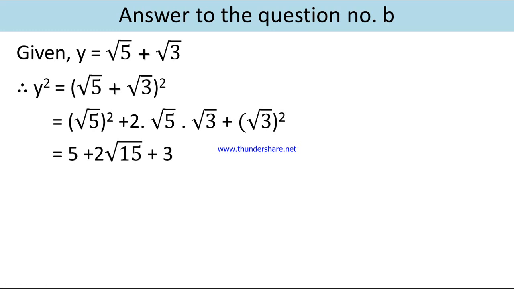So we have found that y square is equal to 5 plus 2 root 15 plus 3. Here 5 and 3 makes 8. Then the next line will be 8 plus 2 root 15. So y square is equal to 8 plus 2 root 15.